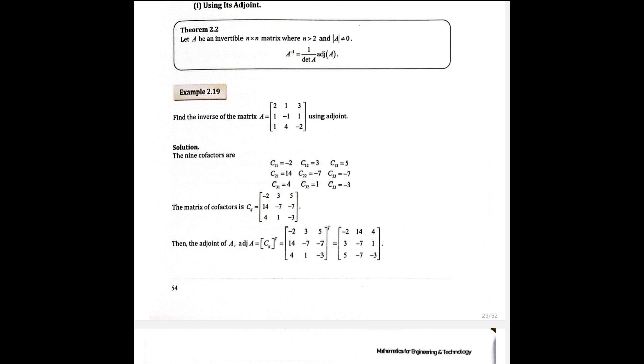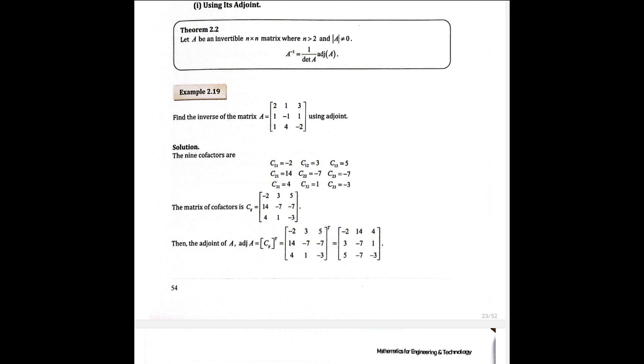So how to find the adjoint? Again, first we need to calculate the minor and cofactor for each element. Let us just do one of them, just to refresh on how to calculate the minor and cofactor.